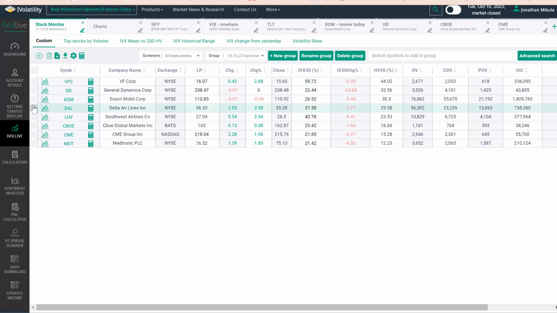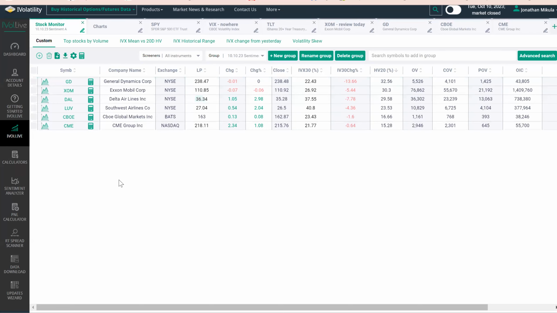And then if you look at things, you say, well, Medtronic doesn't really fit this theme, right? And neither does VF Corp, which is luxury brands. So you could click those two and you could just stick to defense contractors, airlines, and oil, right? All of these are affected by war. You could click the two that aren't, and you could send them to the trash can, right? So boom, they're no longer there.